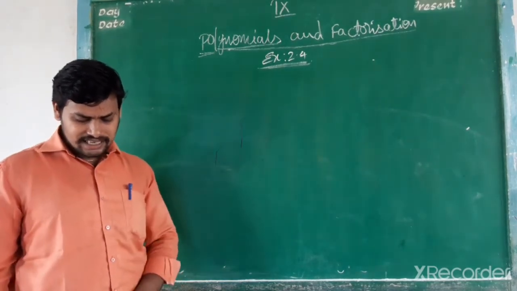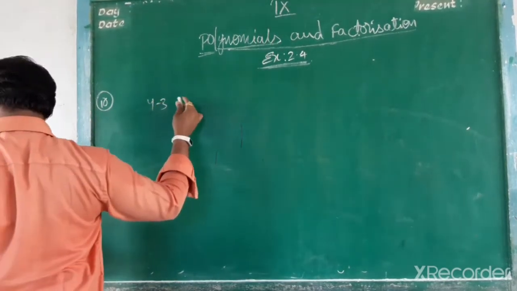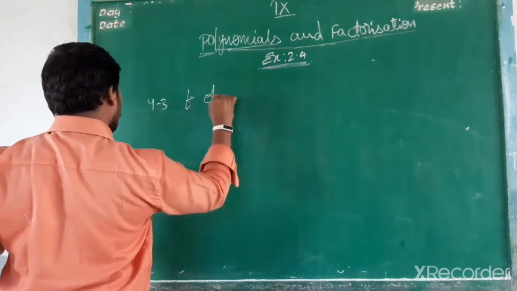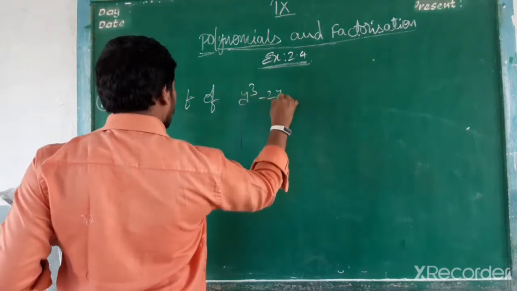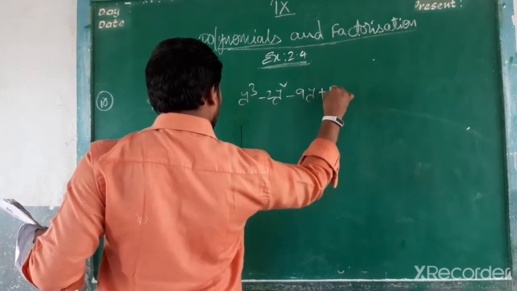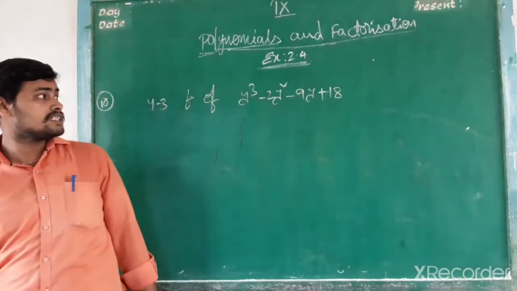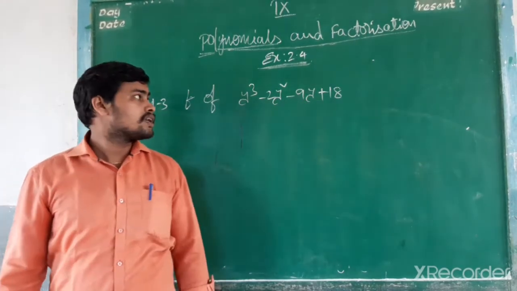y minus 3 is a factor of y cube minus 2y square minus 9y plus 18.